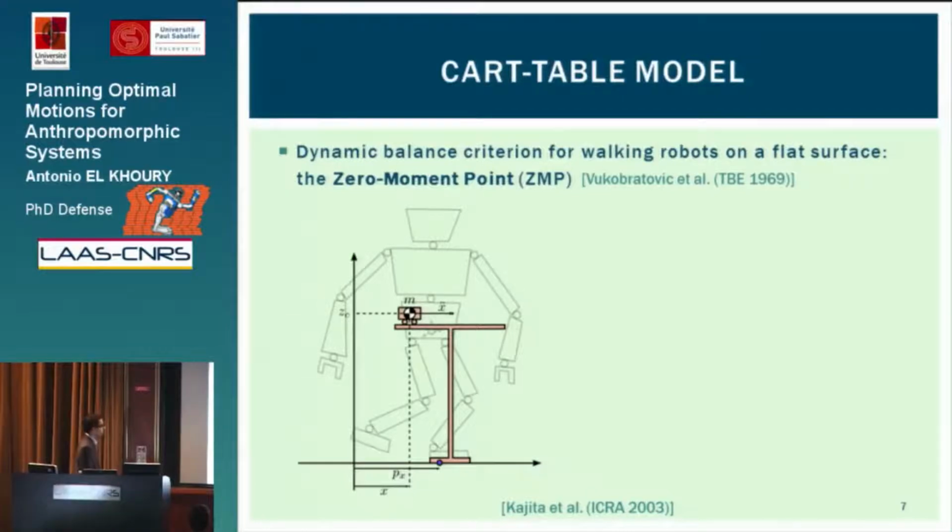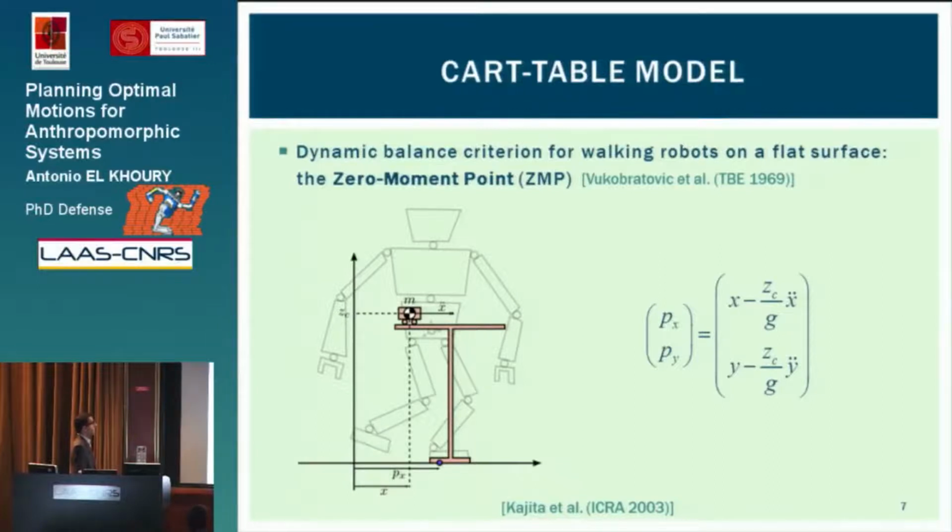And so the foot of the table has the same width along one dimension as the width of the support polygon of the robot. Now, once we consider such a dynamic system, we can write very simply the ZMP as this expression, which defines an ordinary differential equation for the center of mass. We can see that we have the center of mass horizontal coordinate, as well as its acceleration.